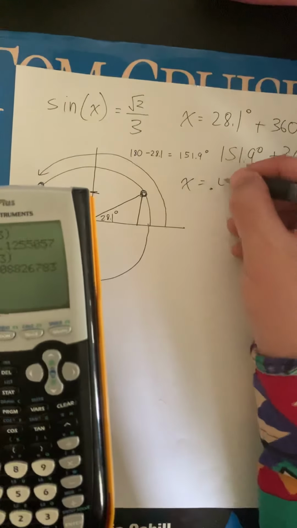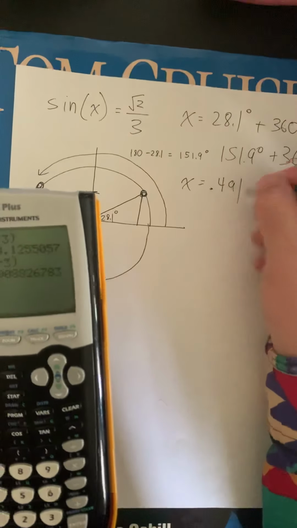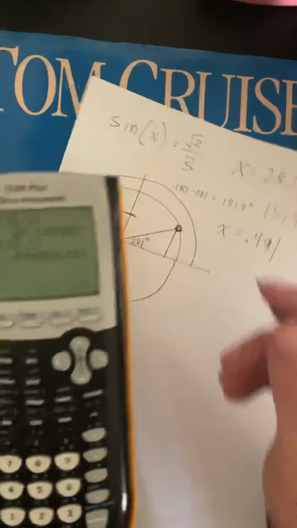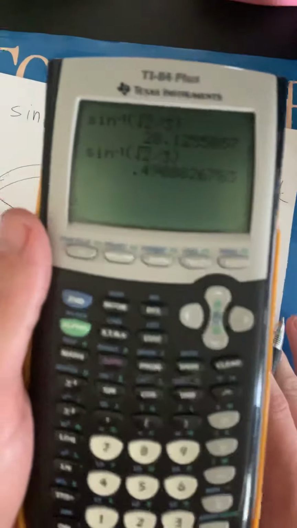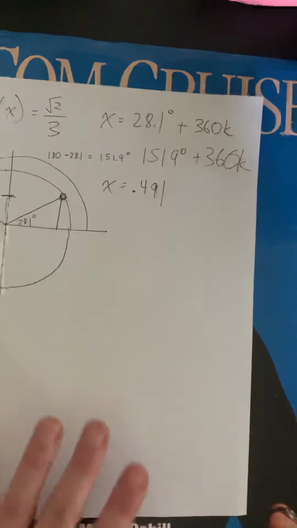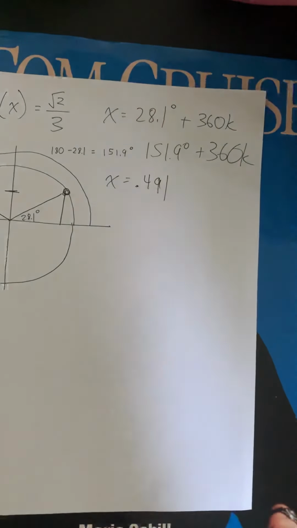Let's write it down first. 0.491. I know it looks really weird, but that's an amount of radians. When the calculator gives you an answer in radians, it doesn't say pi over some number. It just straight up gives it to you. You know, 2 pi is 2 times 3.14. So 2 pi, you know, is like 6.28.